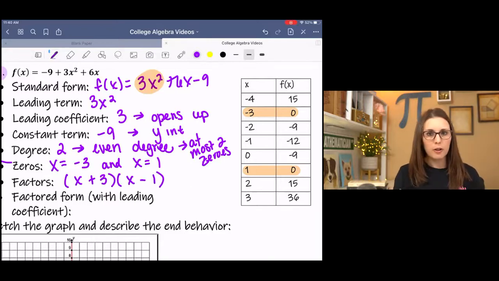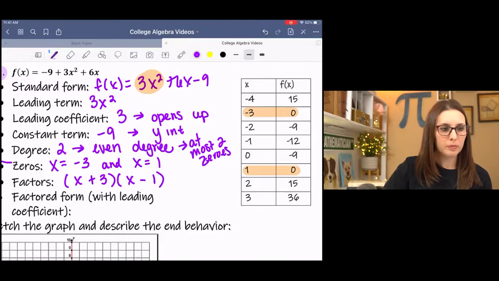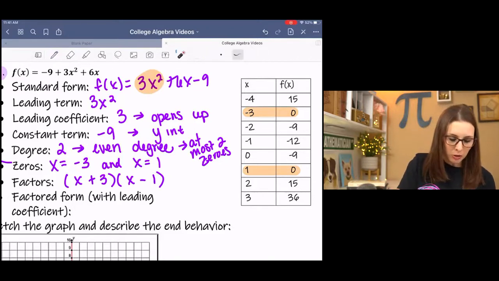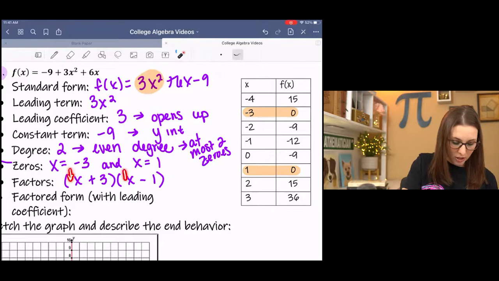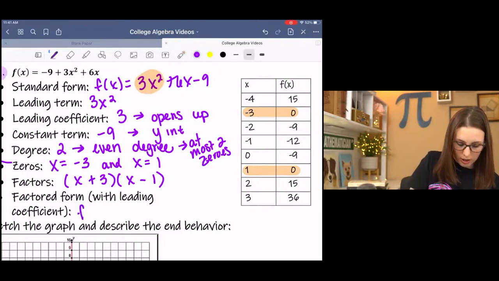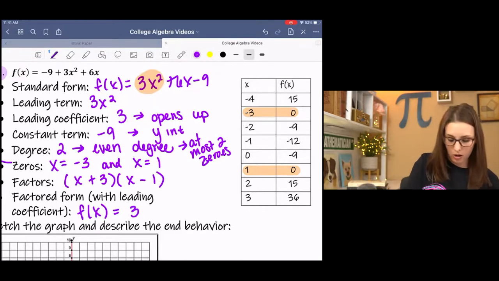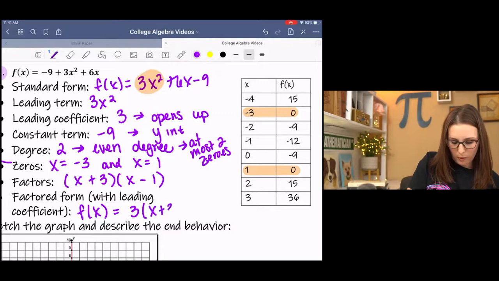But for factored form, you'll notice in standard form that I have a leading coefficient of 3. Well, that 3 doesn't show up here. So what we're going to do is write that coefficient as our a value and then our factors out beside it.